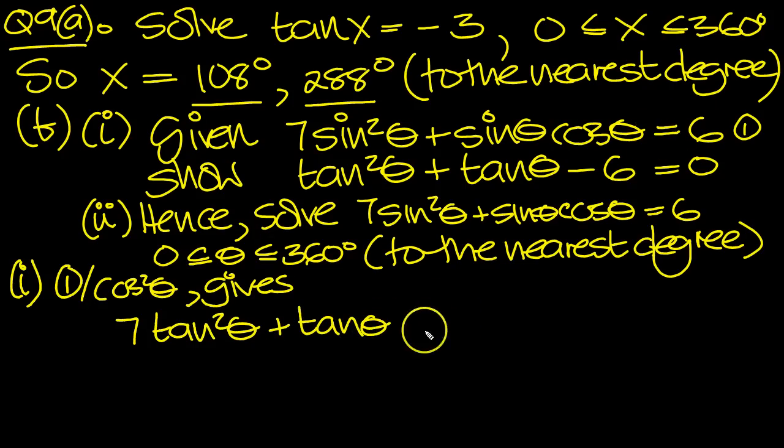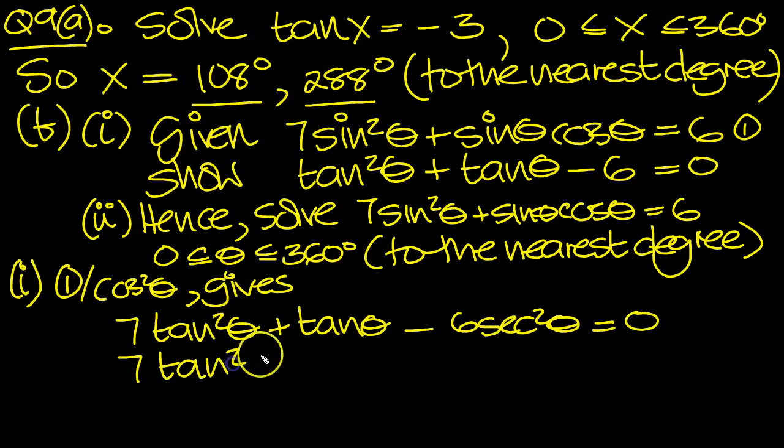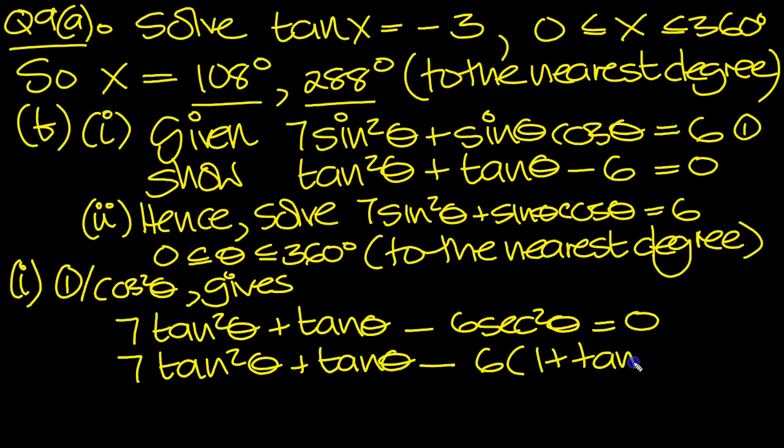And then move the 6 over, minus 6, and we're dividing by cosine squared. And we can move that up to the top, so I'm going to write it in one fell swoop as sec squared theta equals 0. So this tells us then that 7 tan squared theta plus tan theta minus 6 sec squared theta equals 0. Now sec squared can be replaced by 1 plus tan squared.